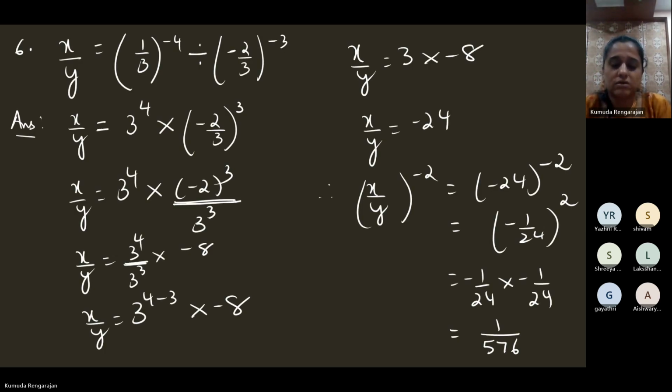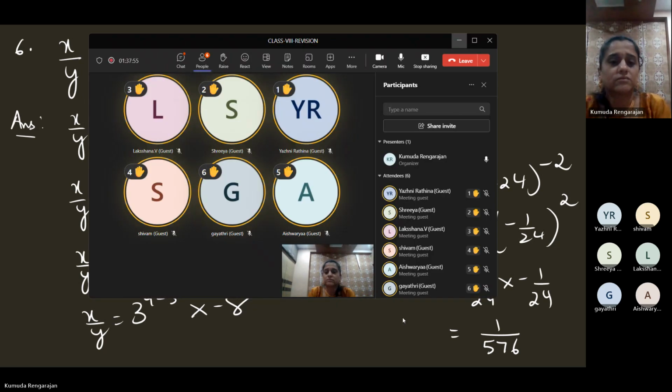Have you all finished this paper on exponents, children, or are you still working? Still working, ma'am. Which one? The third one. Yeah, one by one. Tell me, Lakshana, which one are you working? Ma'am, I completed. You completed exponents or even algebra? Ma'am, even algebra. You completed even algebra.